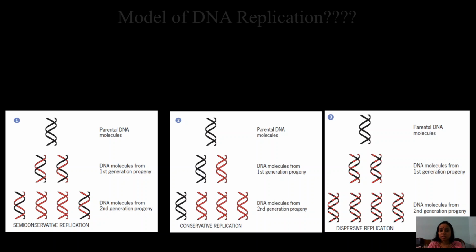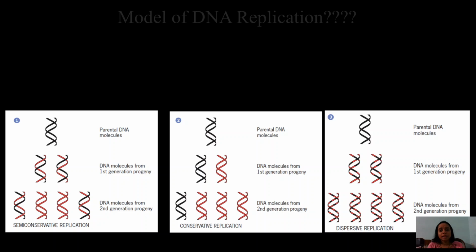The third method which was given is dispersive replication, in which it was defined at that time that there must be a breakage of parental DNA molecules into small pieces, and those small pieces lead to the regeneration of the leftover parts. So these are breaking into different parts, and then these different parts are producing the leftover parts and rejoining to produce a double helical structure.